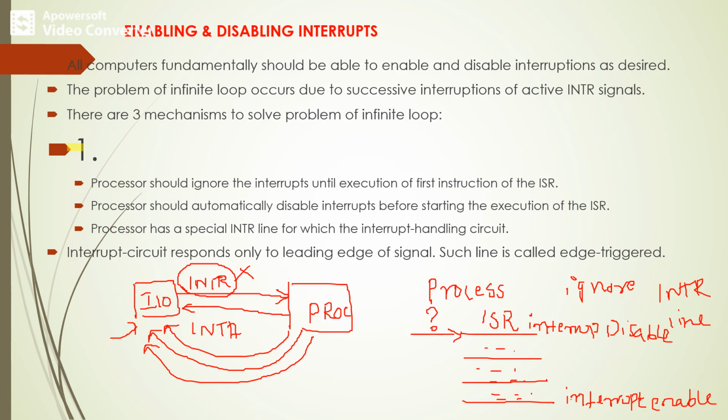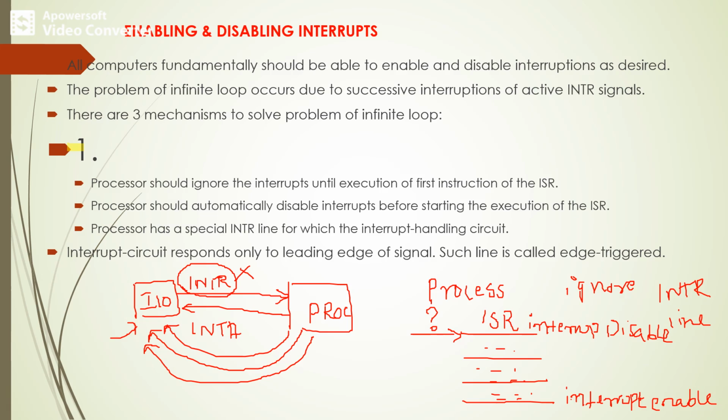So that is how we can enable as well as disable in order to avoid an infinite loop with respect to the INTR signal. So in the case of technique 1, the processor will ignore the INTR line until the execution of the first instruction in the ISR.